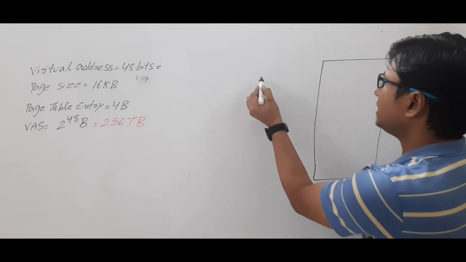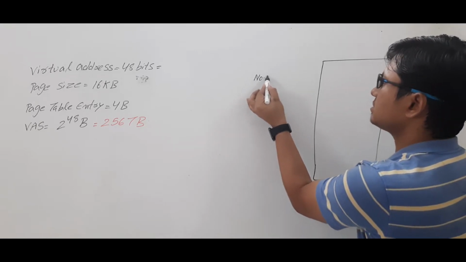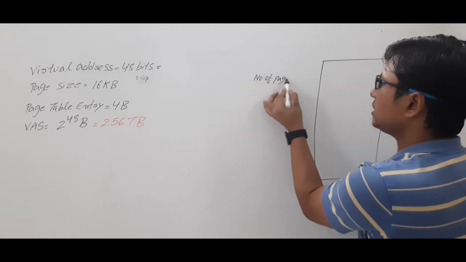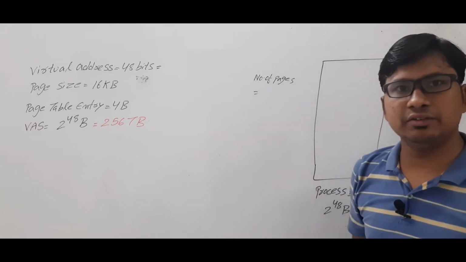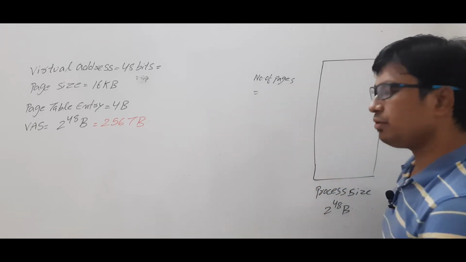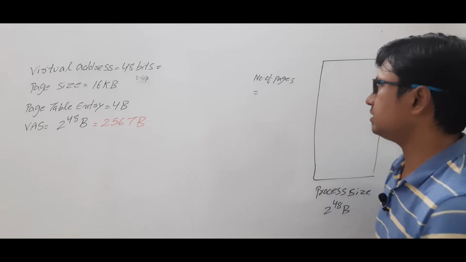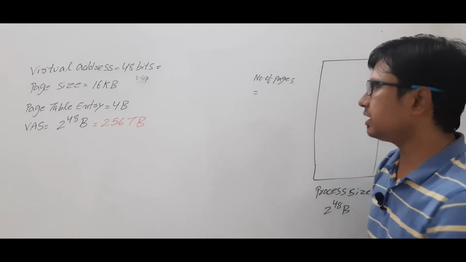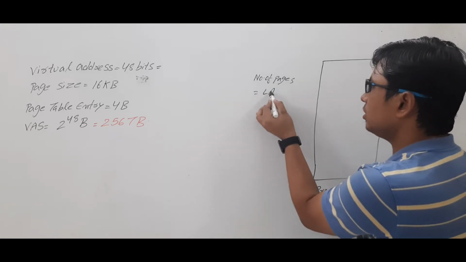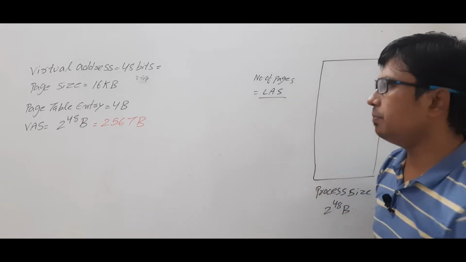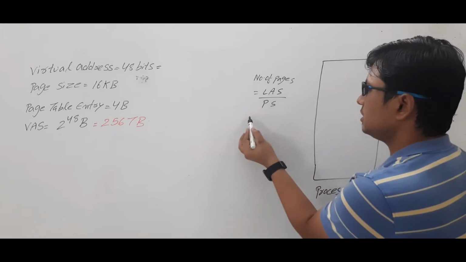Then we need to find the number of pages, because the process is logically divided into pages. If you have 2 power 48 bytes, then how many pages will be required depends on the logical address space divided by the page size. Is it clear?